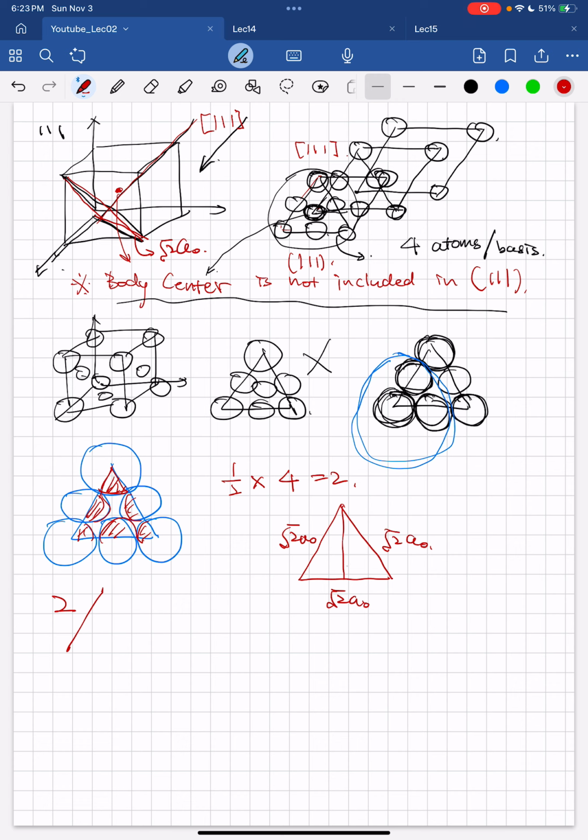Then you can easily calculate the area of this triangle.